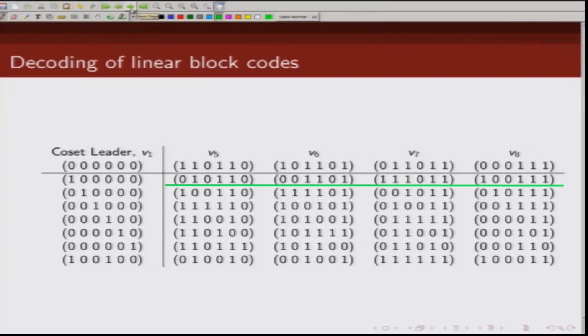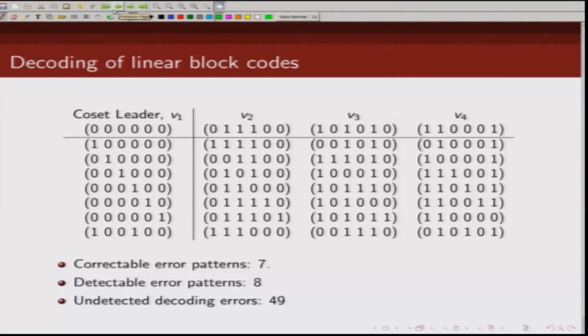They are all like 3, 3, 5, 4, and this has weight 4, 2, 2. So, this is the minimum weight error pattern and this is having weight 1. So, this error pattern is correctable. If this error happens, this can be corrected.